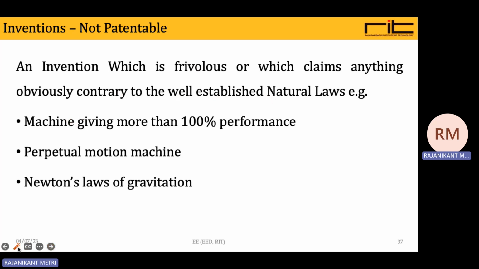It may already be well established and you are stating something contrary to it, or something which is already present, so that cannot be patented. For example, a machine giving more than 100% performance. In some cases, like power plants, the plant load factor is more than 100%, so that cannot be patented. A perpetual motion machine or Newton's laws of gravitation: everyone knows there is gravitation on the earth, so that cannot be patented.